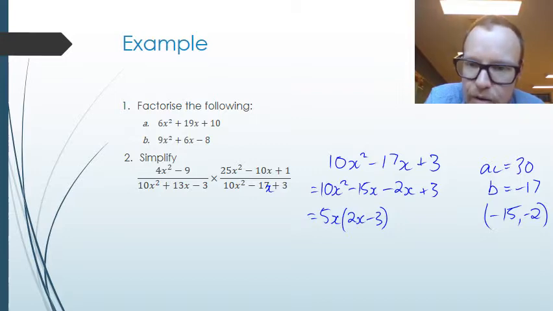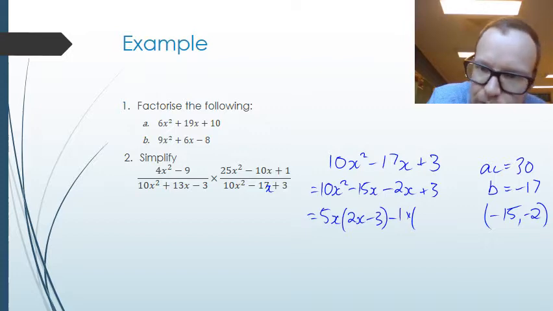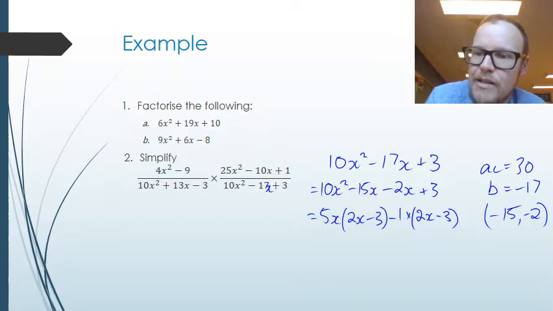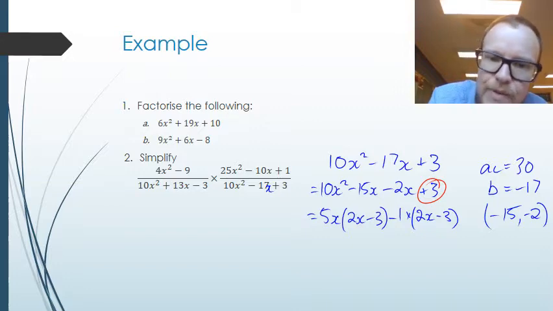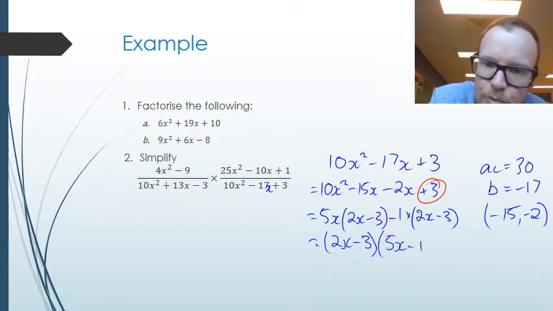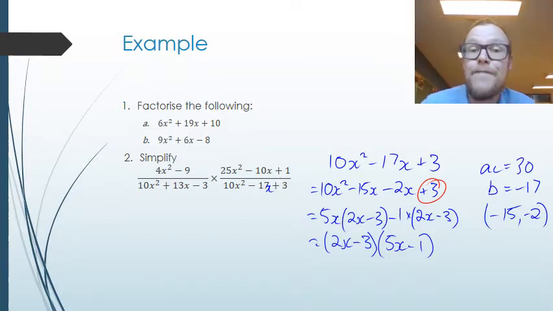No, I need it to be negative 3 in the brackets, so I want negative 1 times 2x minus 3 because I want that to become a plus. This needs to be a plus 3, so we need negative 1 times the negative 3. So then we're left with common factor 2x minus 3, 5x minus 1. Phew!